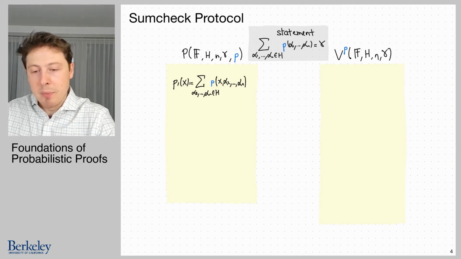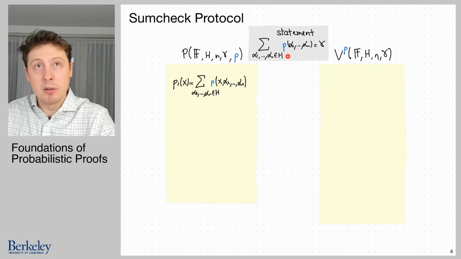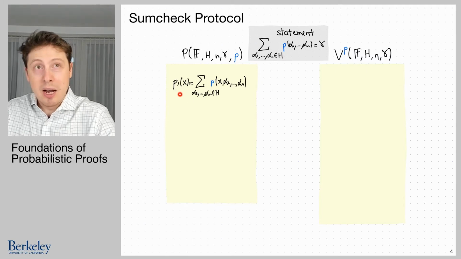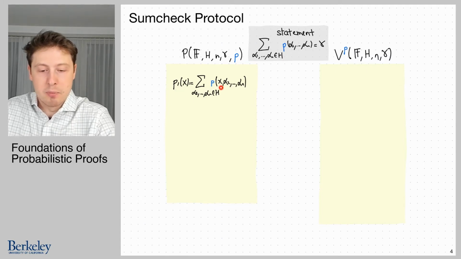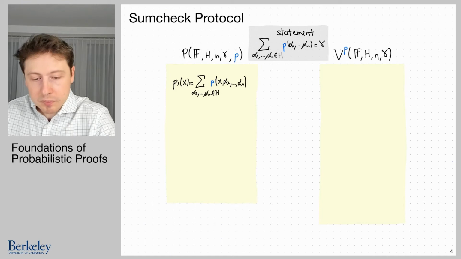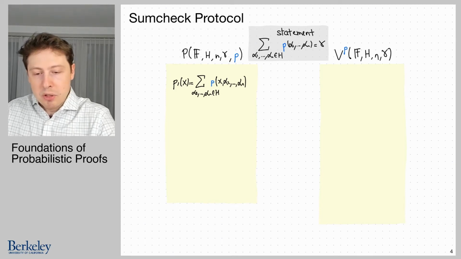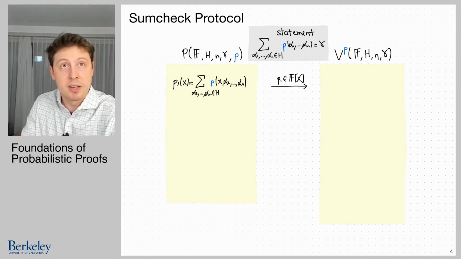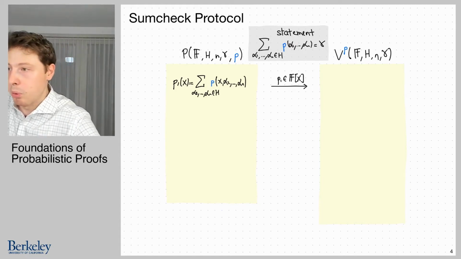Now, because I know that P has small total degree, that's what we saw in the prior slide, this univariate polynomial will have small degree, because that's just the degree in the first variable. And what the prover is going to do is just send it over. This is okay to send, it's not too large. It's a univariate polynomial of small degree.